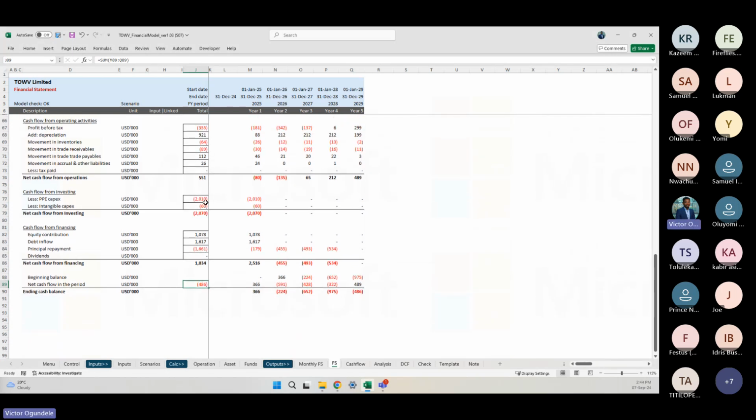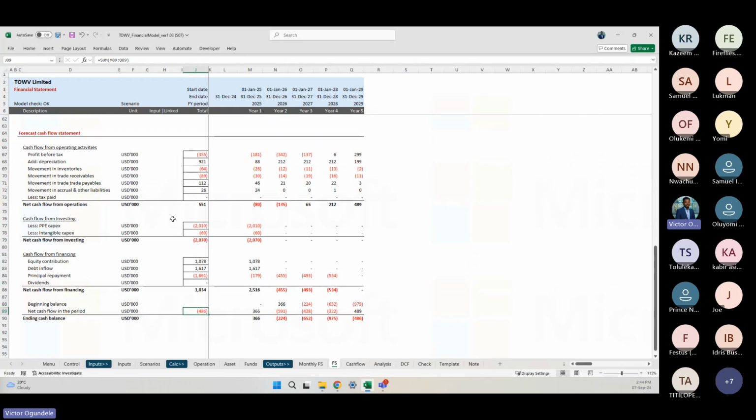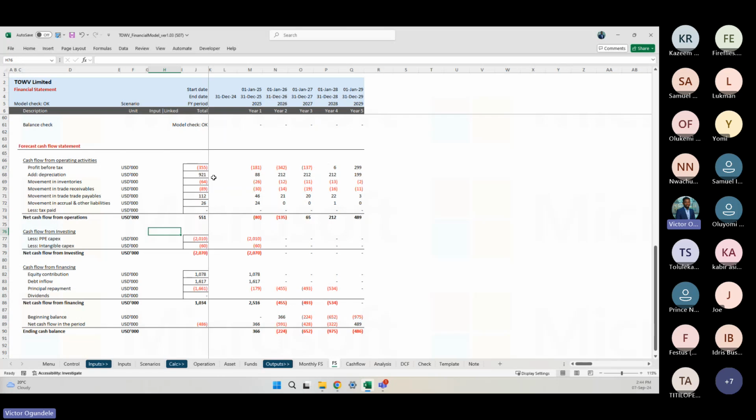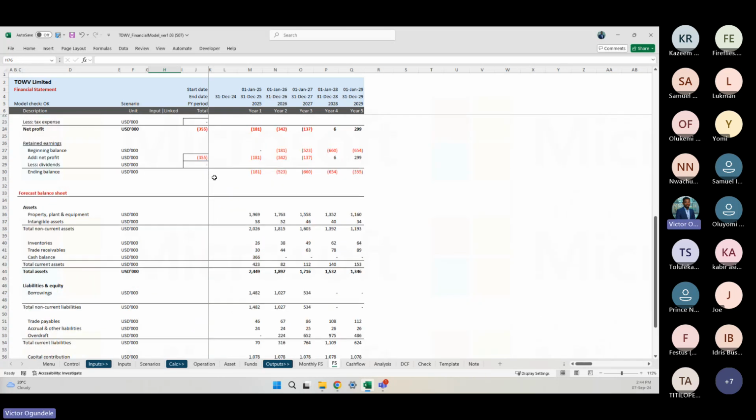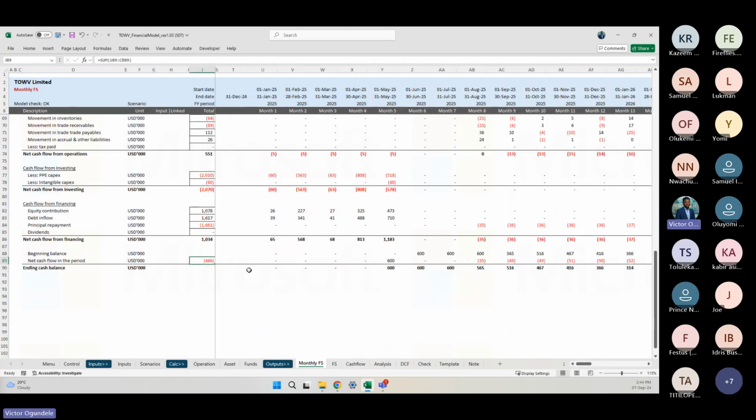So from what we are seeing, it definitely looks as if the business is going to run into some trouble. Because even cash is very difficult for the business to survive with during this period.